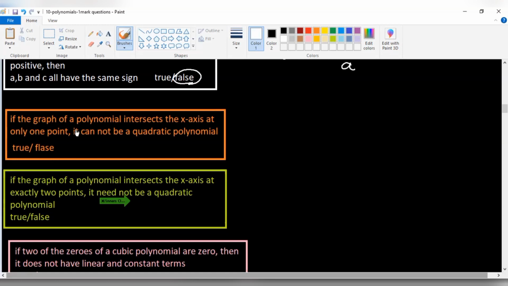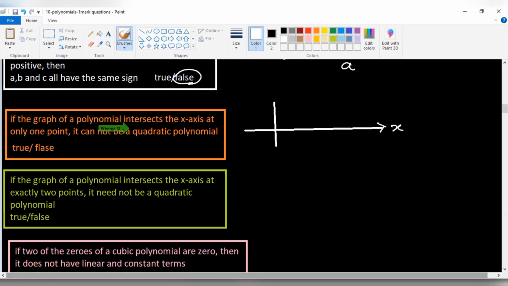Now comes this next question here. If the graph of a polynomial intersects the x-axis at only one point, it cannot be a quadratic polynomial. We know the zero of the polynomial means the point where it touches or intersects the x-axis, right?